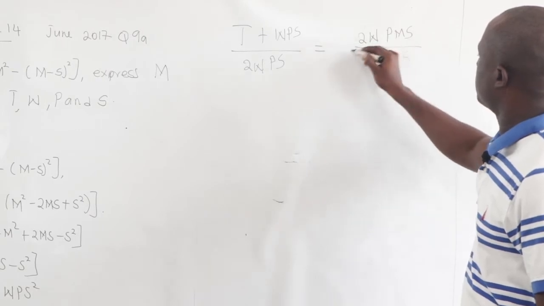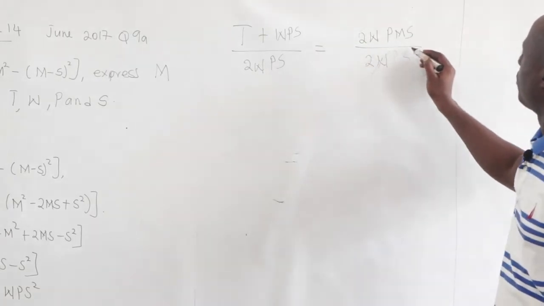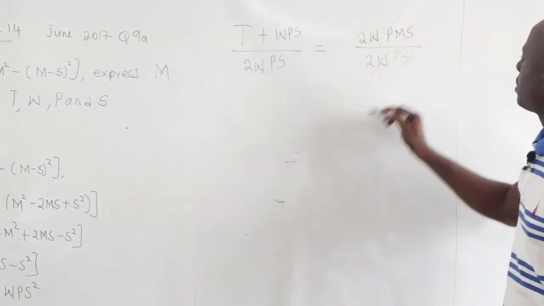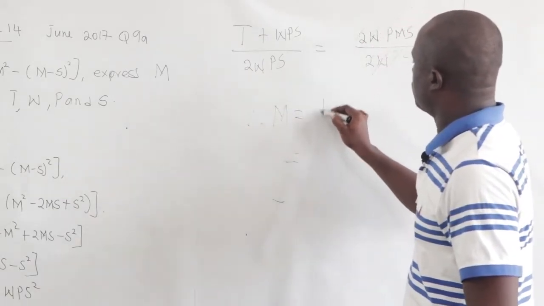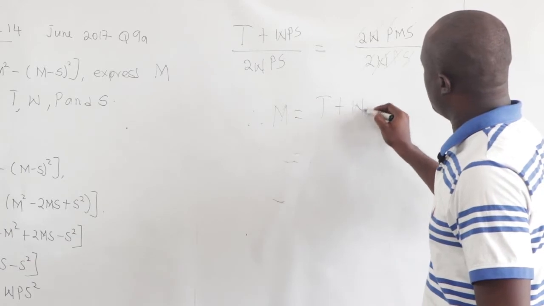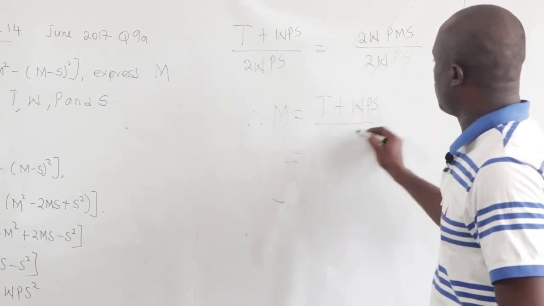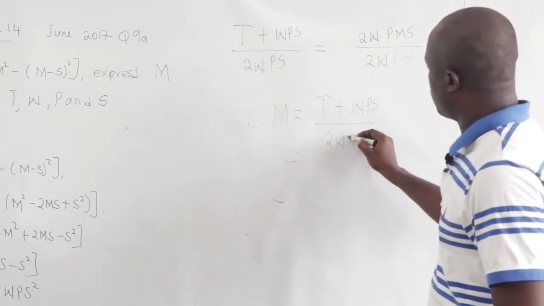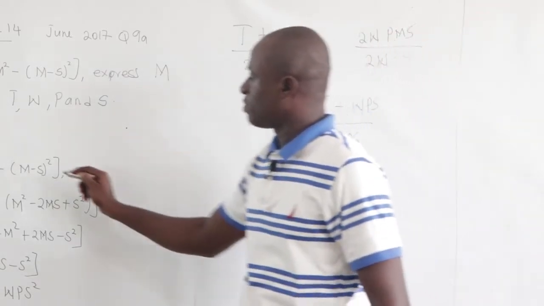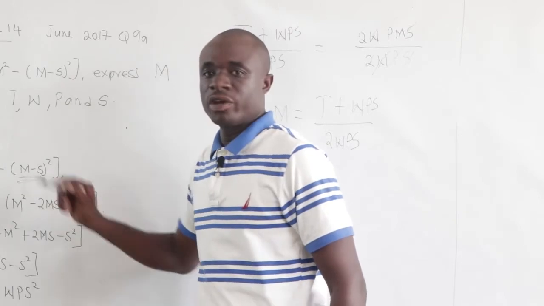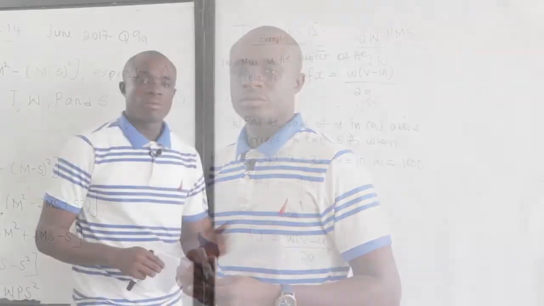So this 2 is cancelling this 2, W is cancelling W, P is cancelling P, S is cancelling S. So we have our M equal to T plus WPS squared all over 2WPS. Please, we have to be very careful here with the expansion of this. You have to be very, very careful. This is a past question.